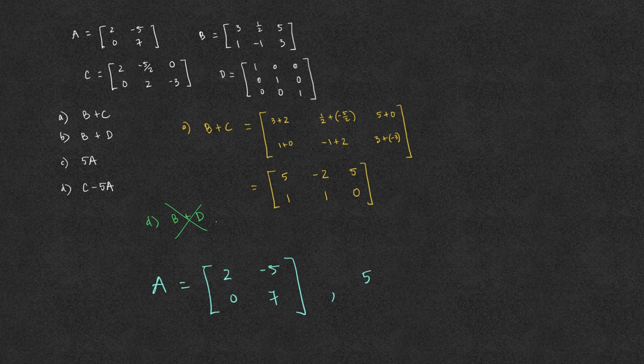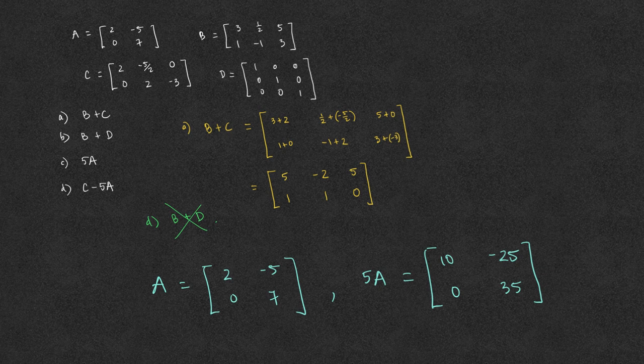The matrix 5 times A is therefore 5 times 2, which is 10, 5 times -5, which is -25, 5 times 0, which is 0, and 5 times 7 is 35. In this case, we skip a step here, otherwise we would write out 5 times 2, 5 times -5, 5 times 0, and 5 times 7 to simplify it after.